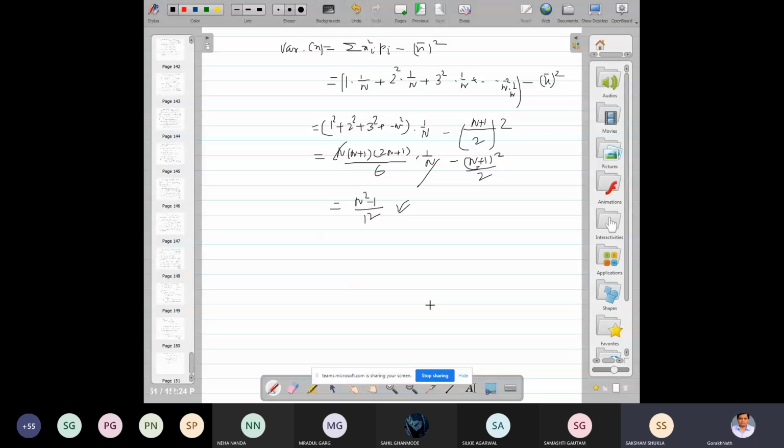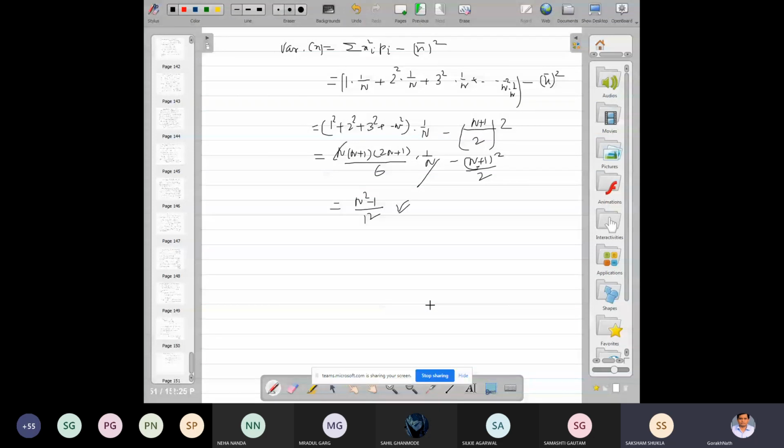And this is known as a Bernoulli trial. If the outcome of an experiment is only either success or failure, with success considered as 1 and failure as 0, then this is known as a Bernoulli trial.